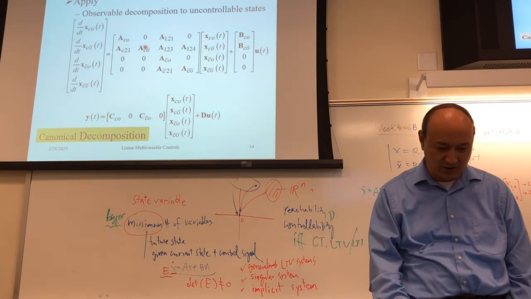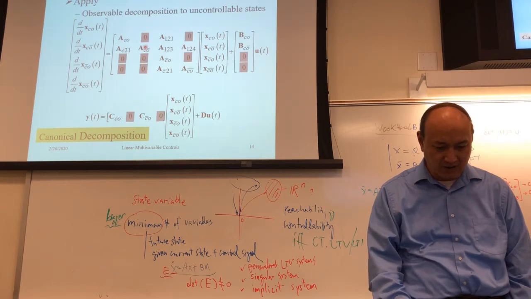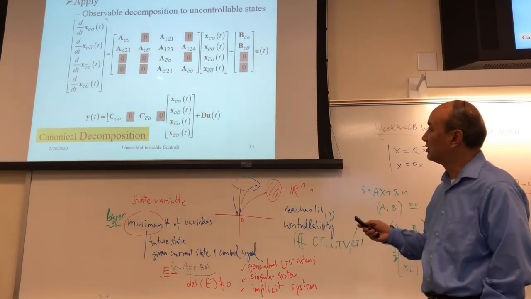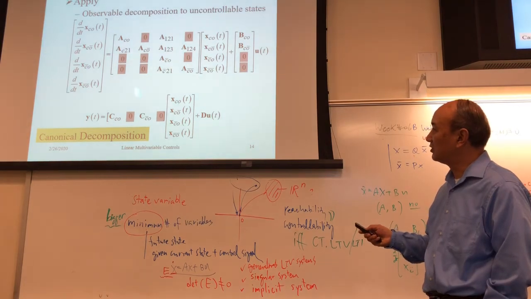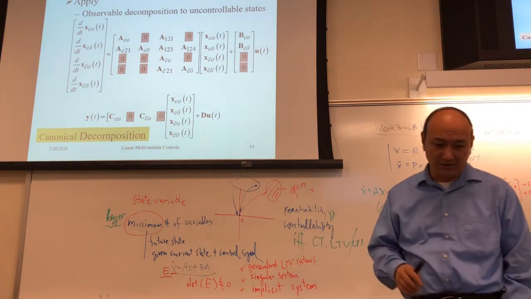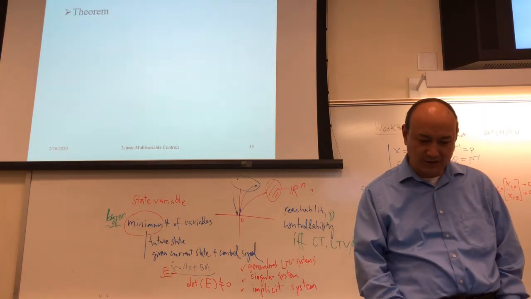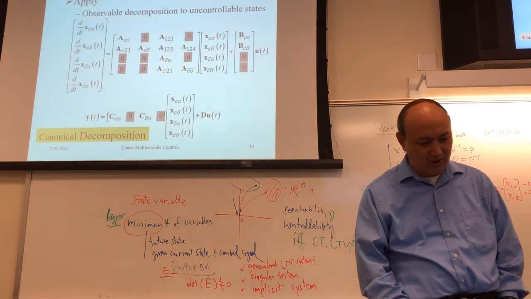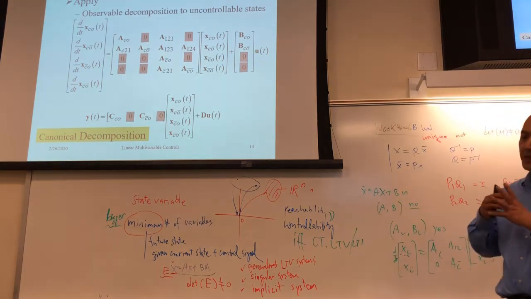Overall, we have done our canonical decomposition. This canonical decomposition has very important structure. This is an all-zero matrix; if these are not 0, then it's wrong. For the theorem part, I have 4 parts.